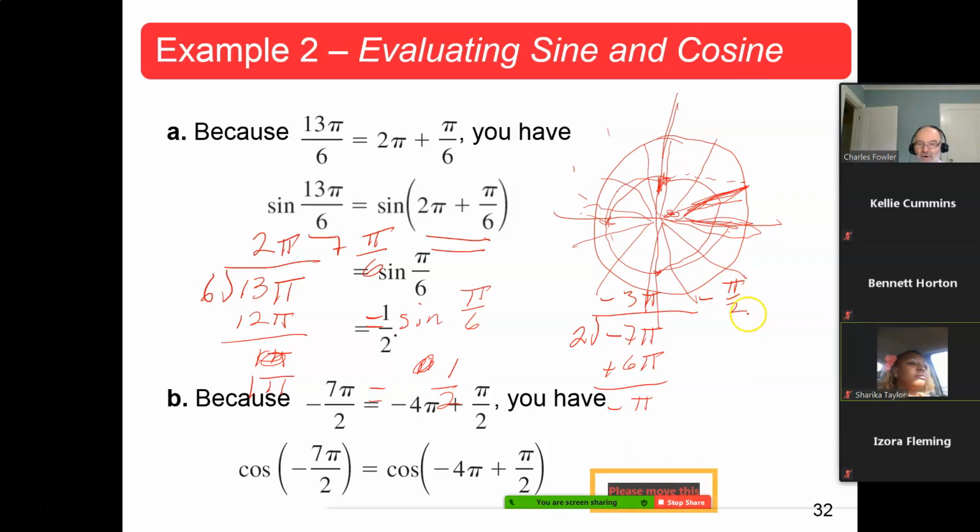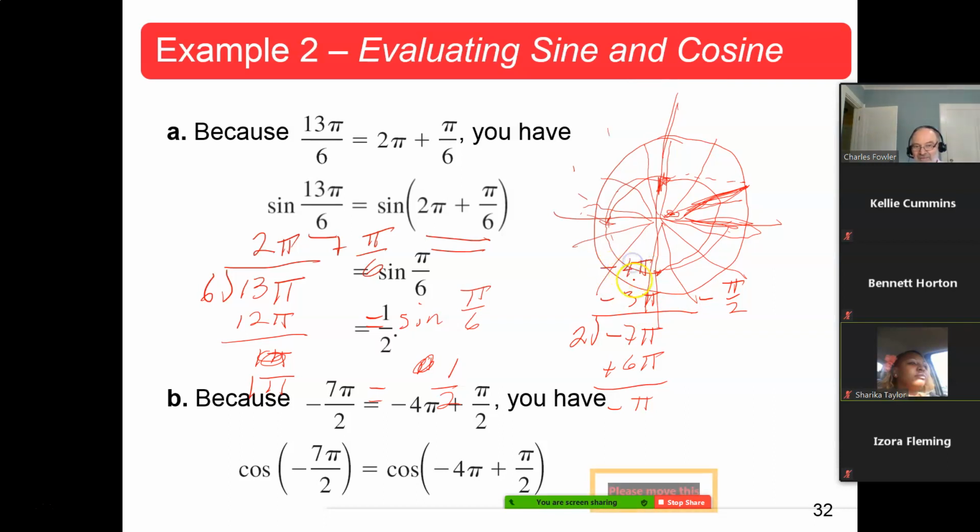Well, that's sort of awkward. Let's add another pi. This isn't working out as well, is it? Okay. If you subtract another pi here, that would be minus 4 pi.